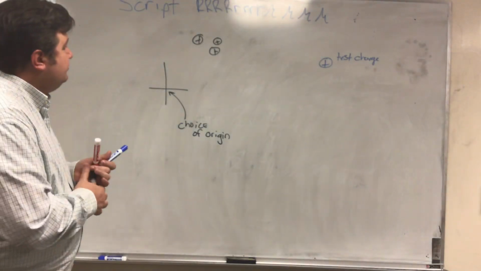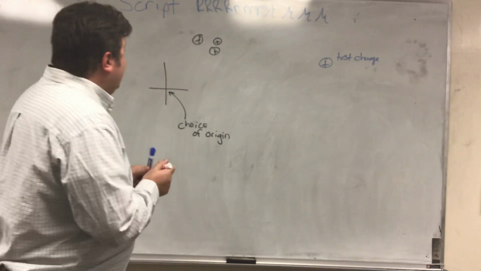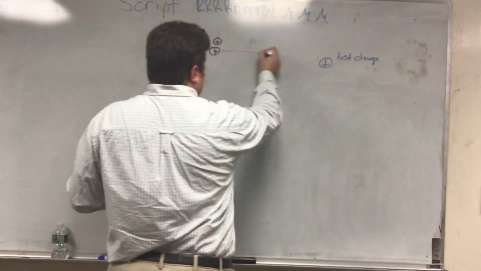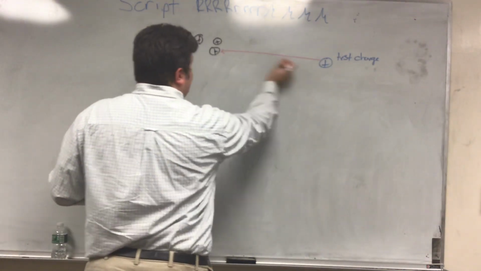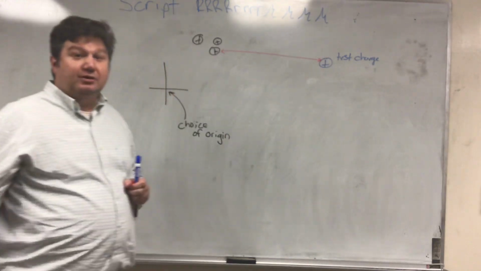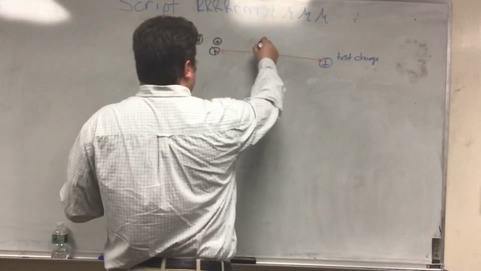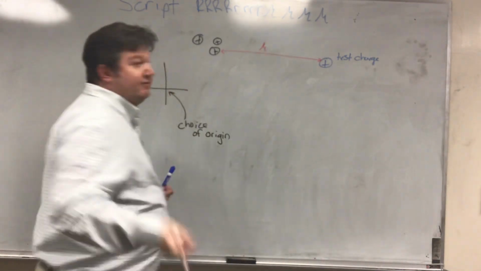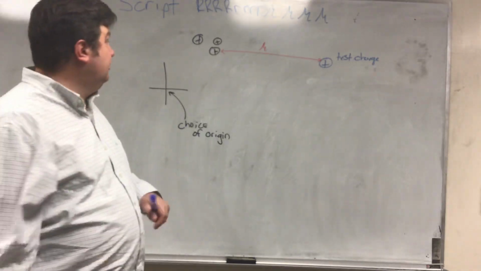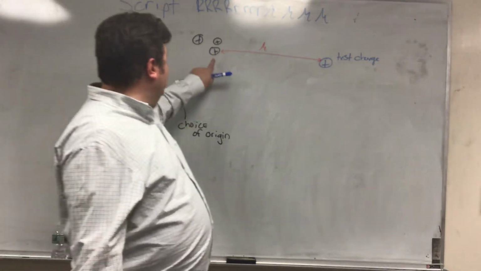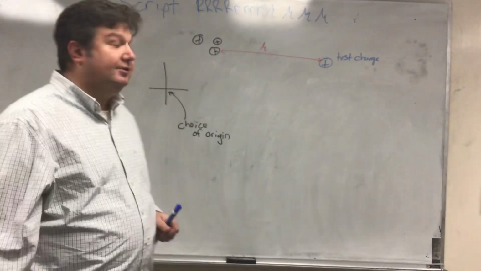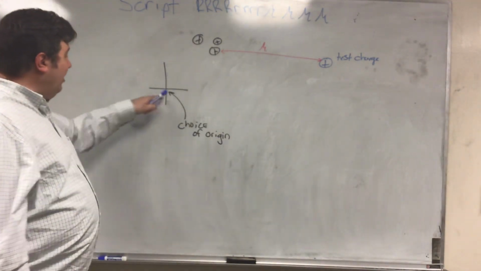So what I care about is this distance, right? This is the script R distance that I need to calculate the electric field between this guy and that guy, right? But my origin is there.